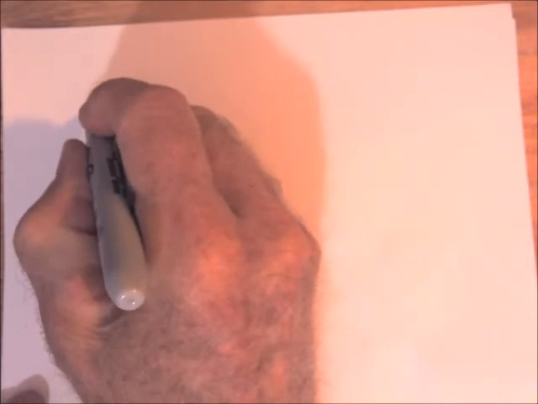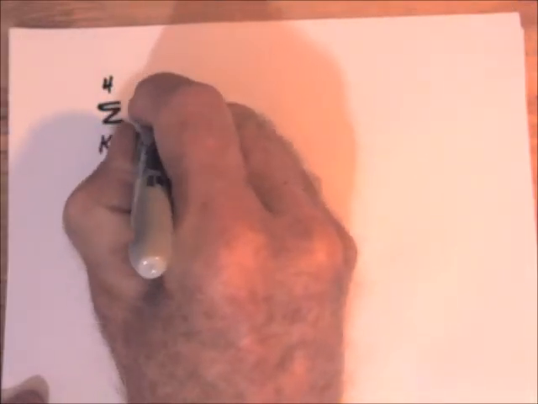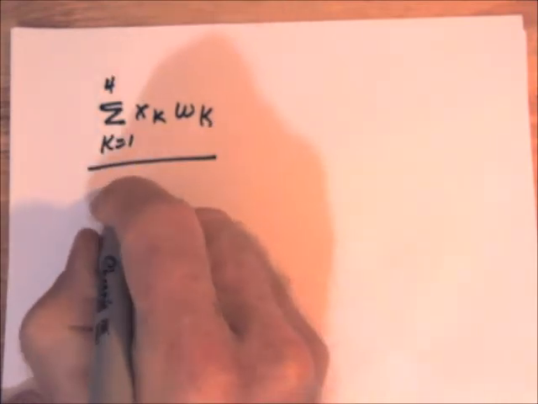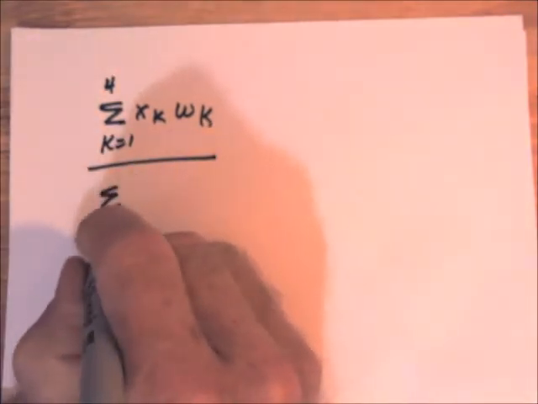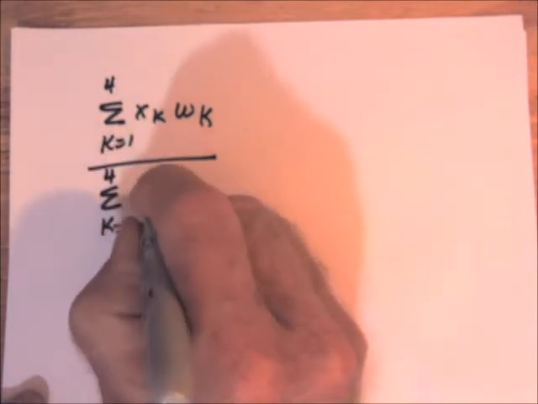So we have the weighted mean is going to be, I'll just write the formula over again. It's the summation as k goes from 1 to, in this case, 4 of xk wk all over the sum as k goes from 1 to 4 of wk.